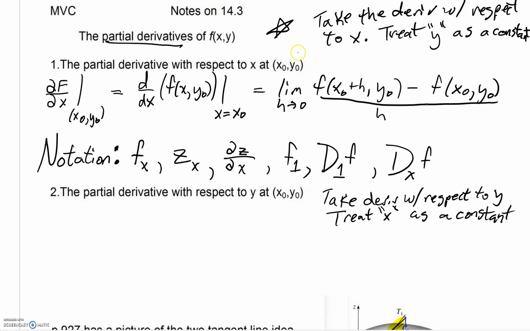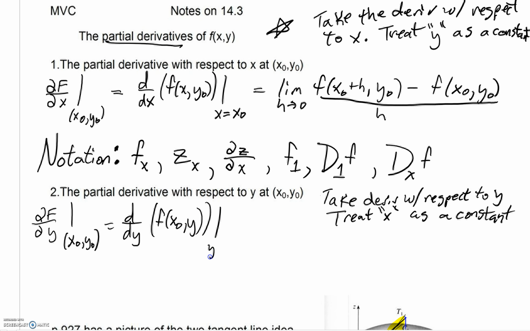It's like recopying what I saw up here. You could say partial f with respect to y. Plug in an x naught comma y naught. That's the same thing as saying d/dy of f of x, which is thought of to be a constant, but you'd say let y equal y naught.